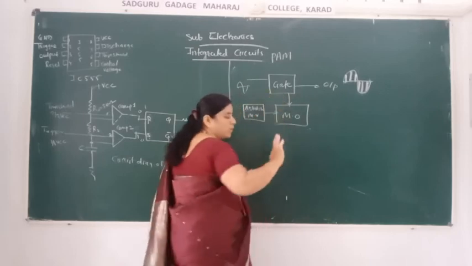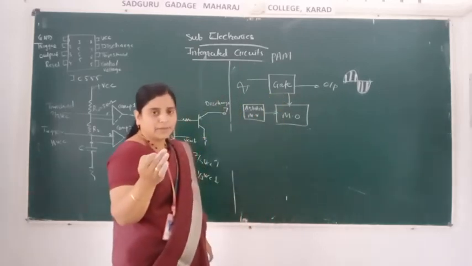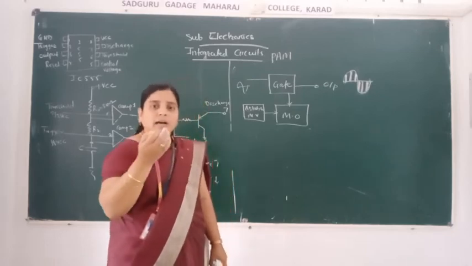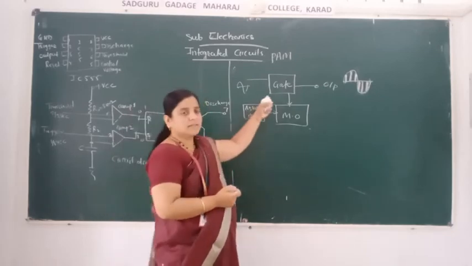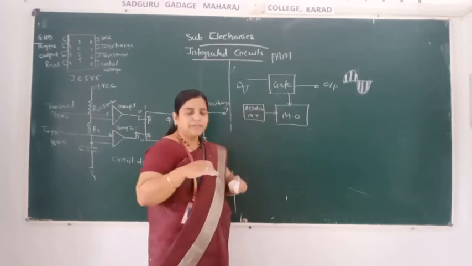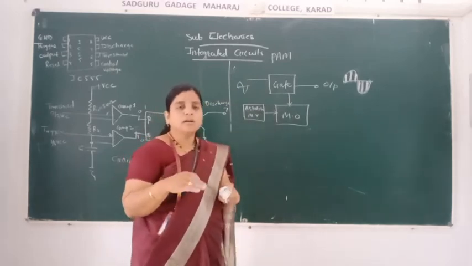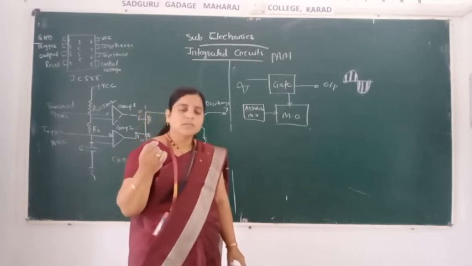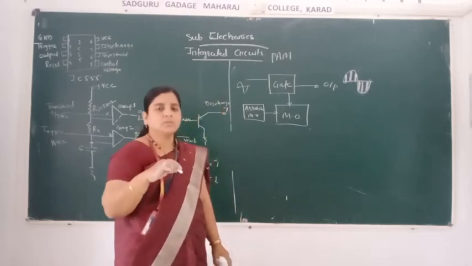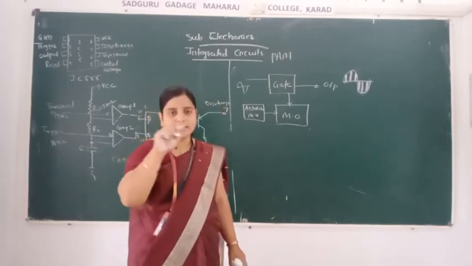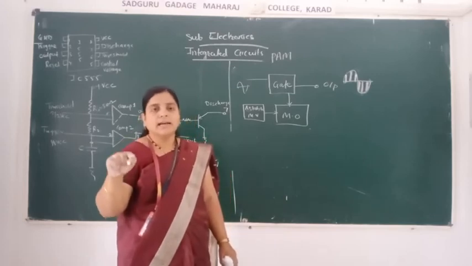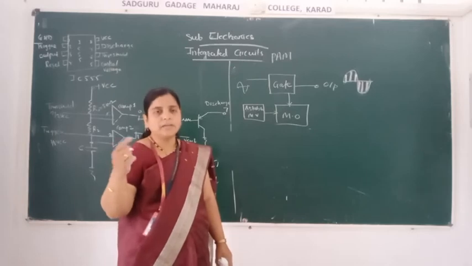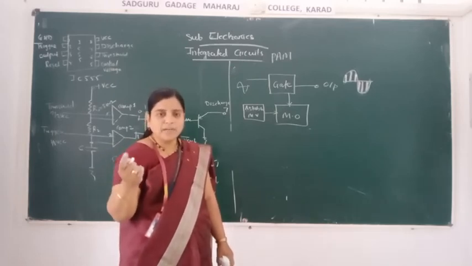If the gate is open, then at that time what happens? No signal will be sent, or the sinusoidal signal will not be accepted by this gate. And when the gate is 1, or supply is given to the gate, then the gate will be closed. Closed means the switch will be closed, so current will flow in the circuit, and the sinusoidal signal will be converted into the sampled signal.